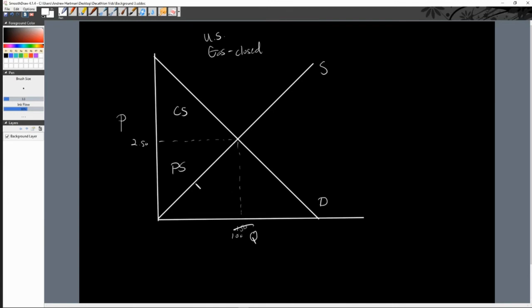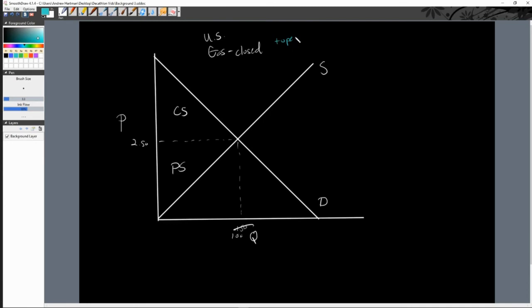Since it's at $2.50, they are making a surplus, and the easiest way to find that is just the area of that triangle. Same with consumer surplus. There would be people willing to buy that good for a higher price, and so consumer surplus is the entire area of that triangle.